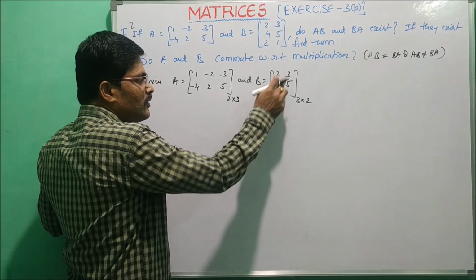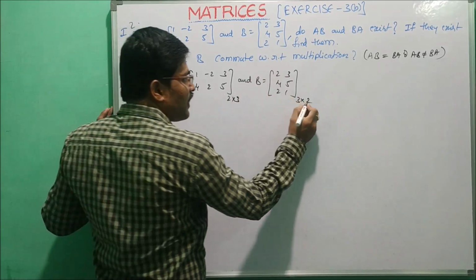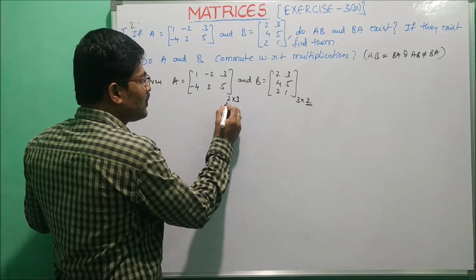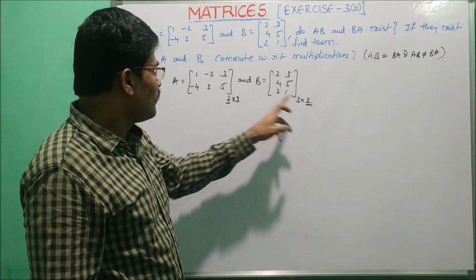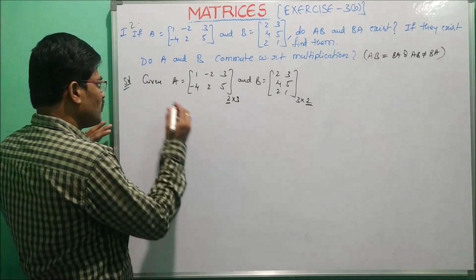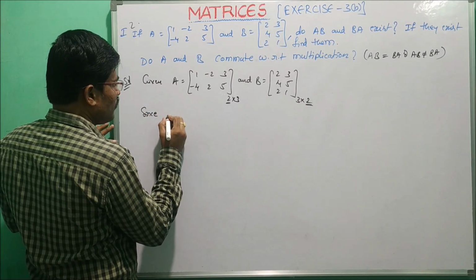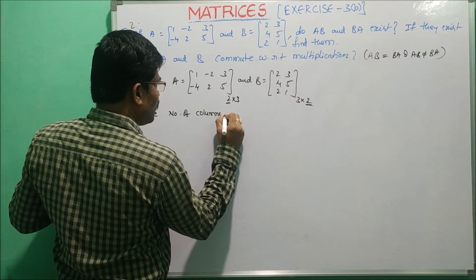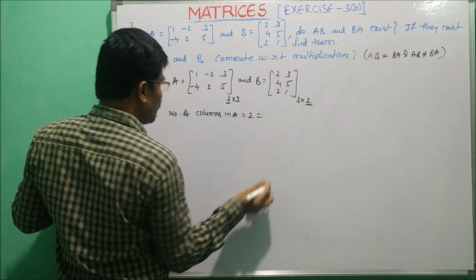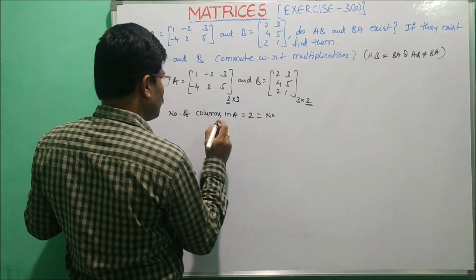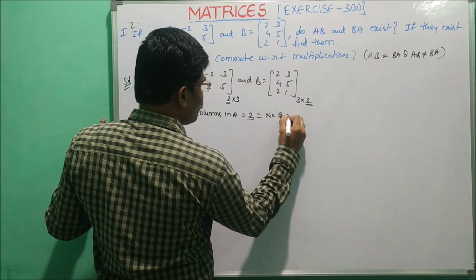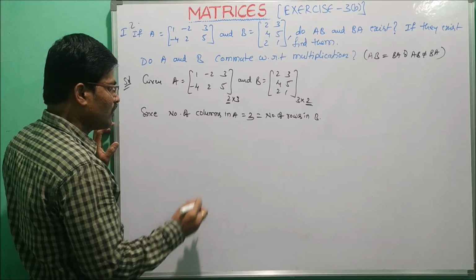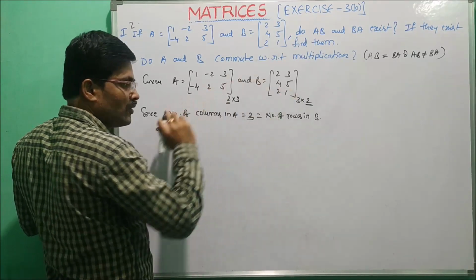Also we observe BA. Now we take the first matrix as B. The number of columns in B is equal to the number of rows in A. So here BA also exists. Since the number of columns in A equals 3, equal to the number of rows in matrix B, that is also 3. And we interchange.